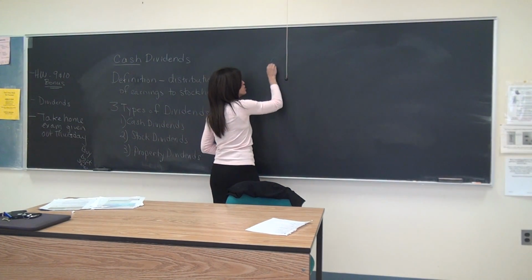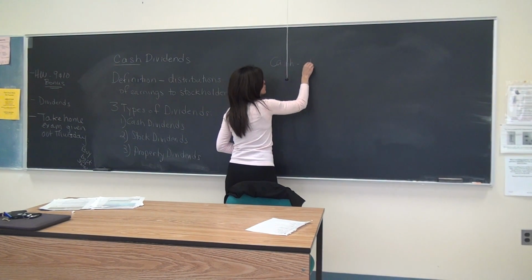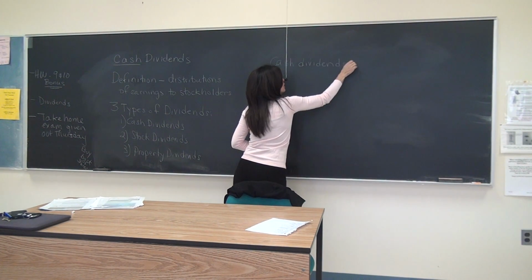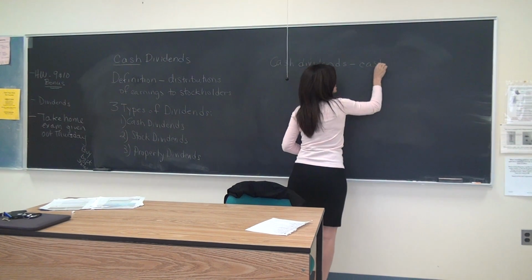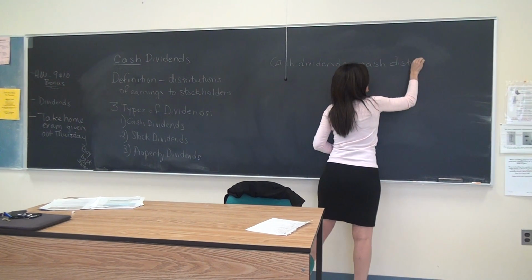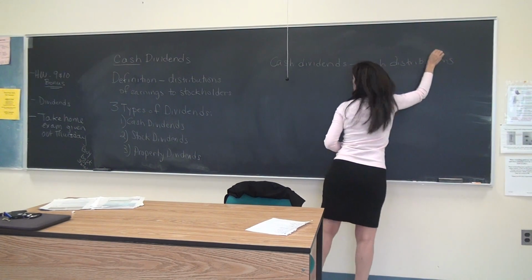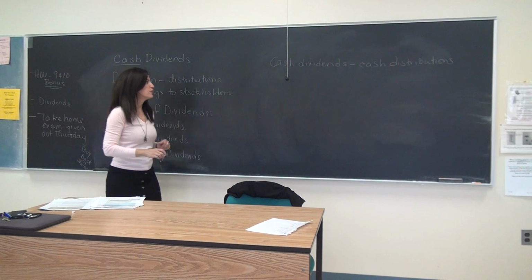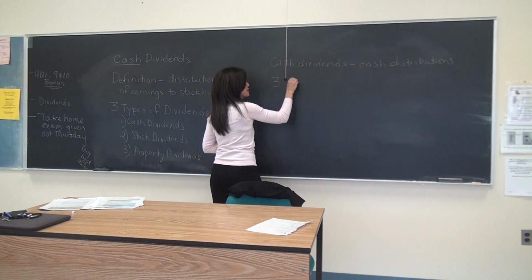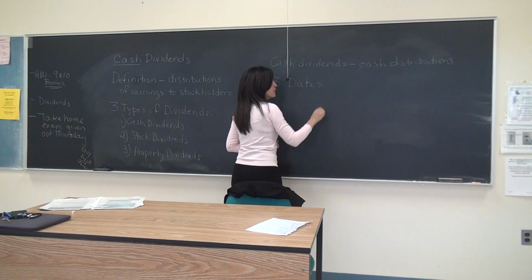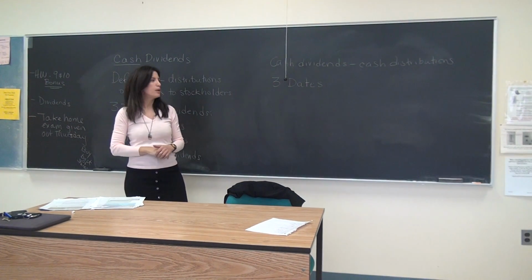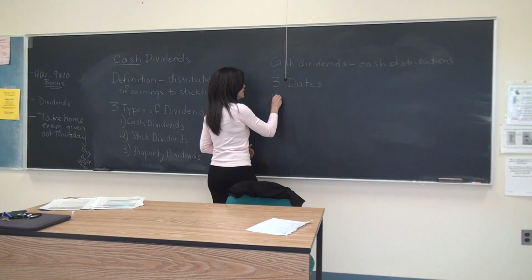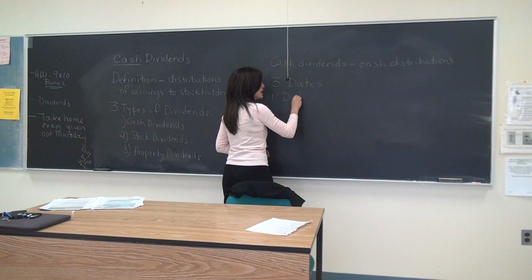Okay? So cash dividends specifically, we distribute cash to stockholders. So they are cash distributions. There are three important dates with regard to dividend distribution. One is the date of declaration.